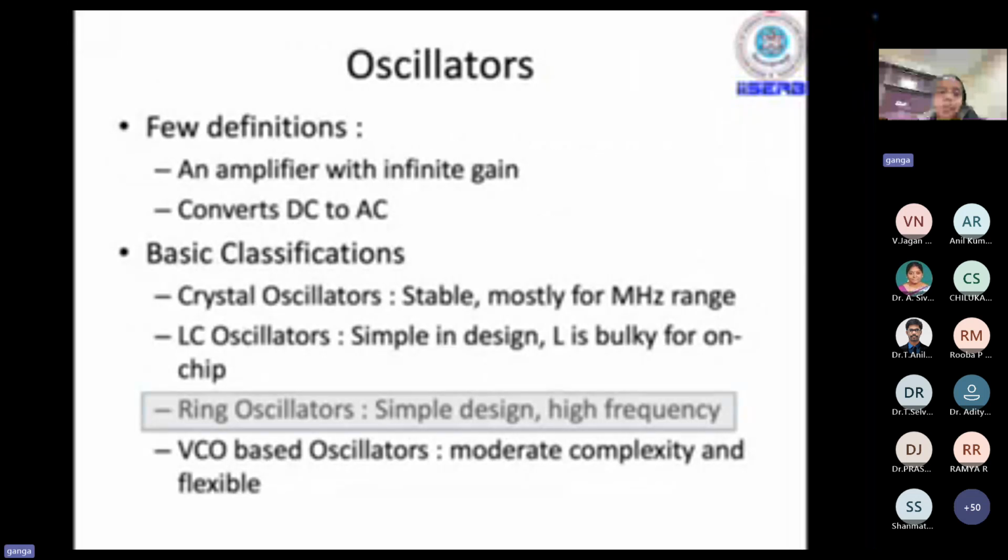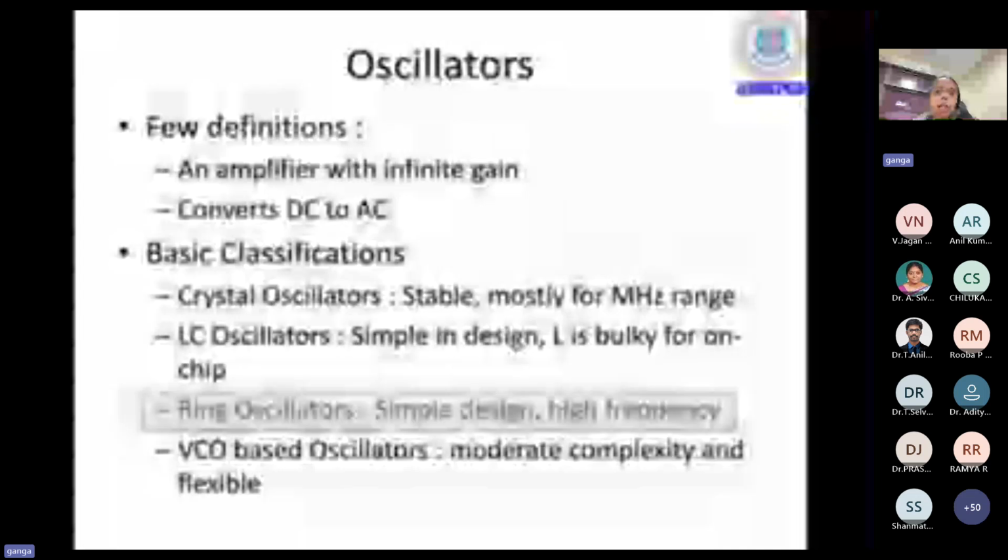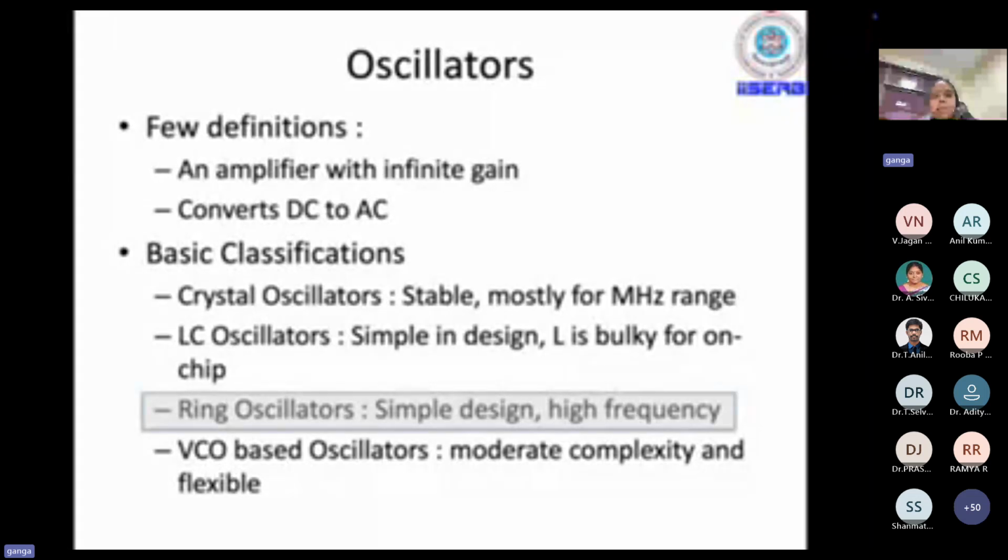Yeah. Now coming to the technical details of oscillators for IoT applications. First of all, what is an oscillator? We can have a couple of definitions for an oscillator. One definition is an amplifier with infinite gain. But this is not the best way to design an amplifier.